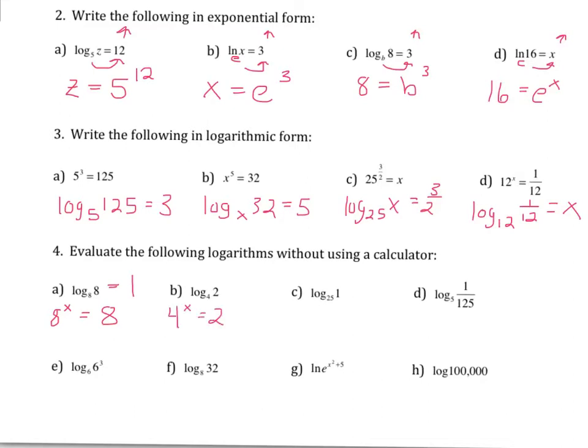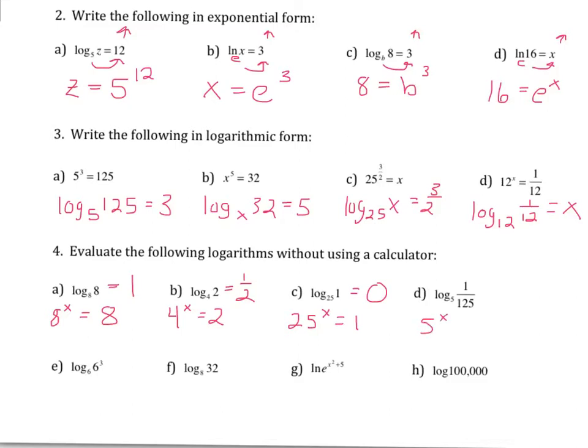And since we would have to square root a 4 to get a 2, that would be 1/2, since raising something to the 1/2 is the same as square rooting. For part C, we have 25 to the what power would equal 1, and anything to the 0 power equals 1, so that would equal 0.